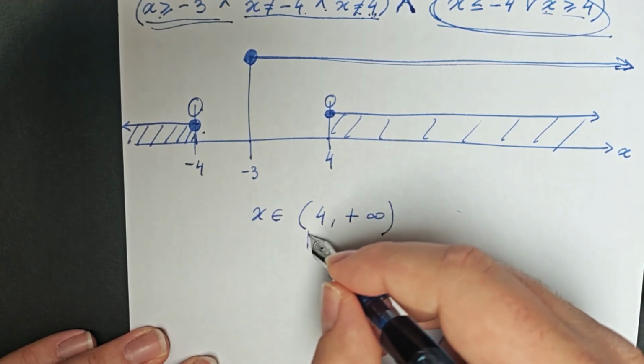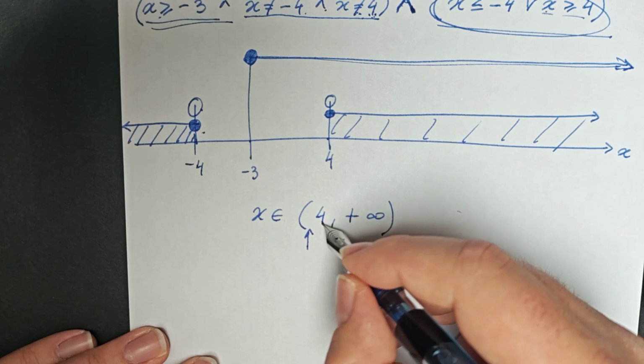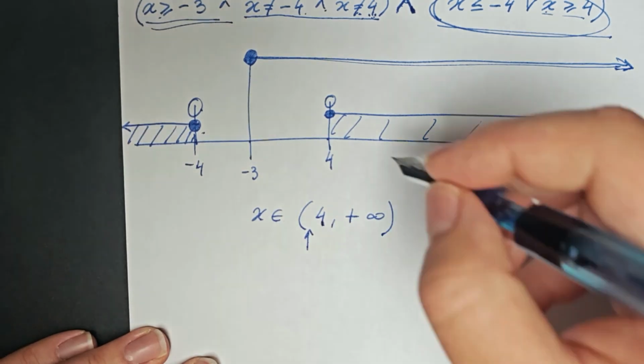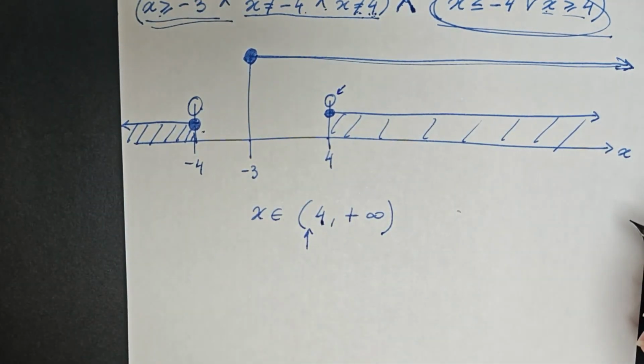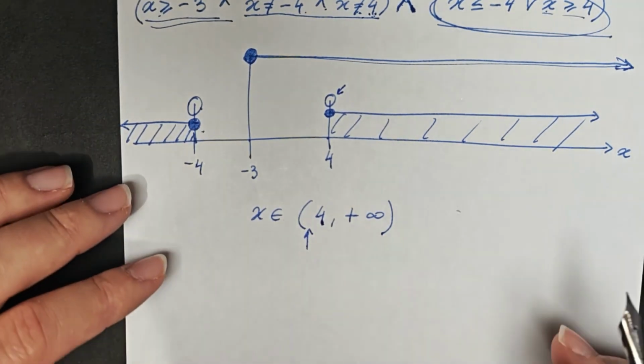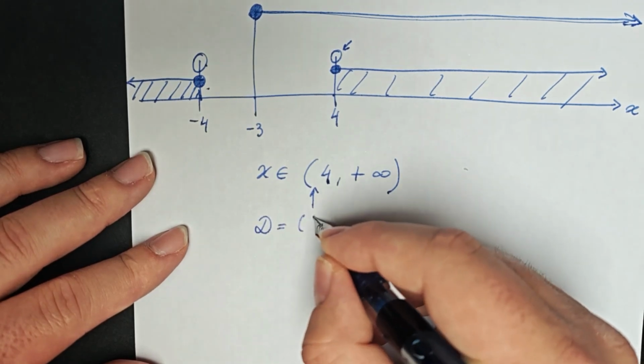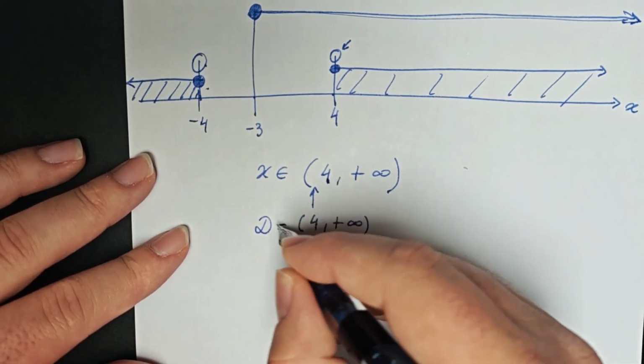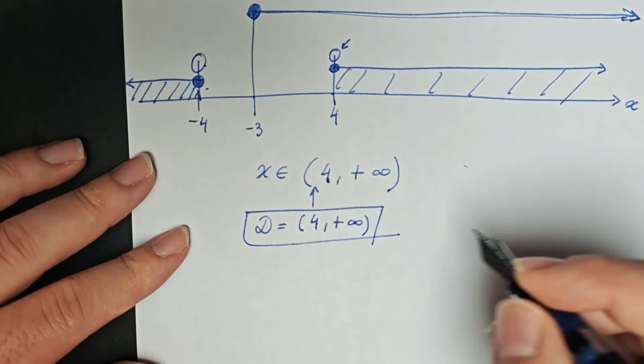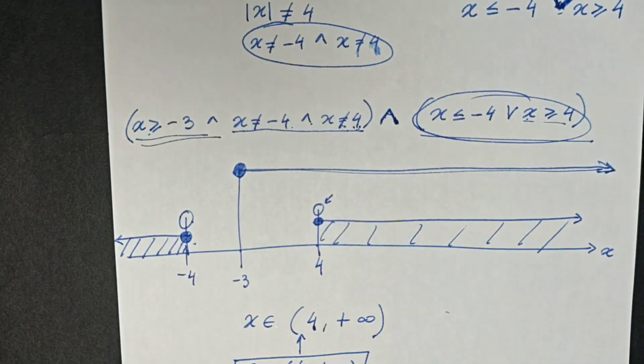This here is a parenthesis noting that number 4 does not belong in this set because of this empty circle right here. Finally, our domain is all the values from 4 to +infinity. 4 is not included.